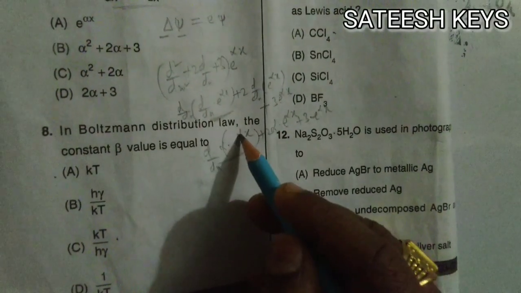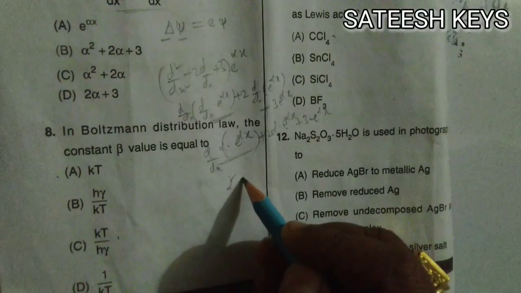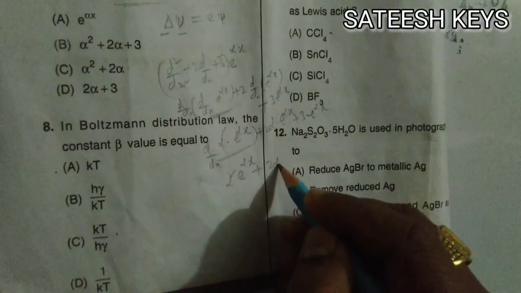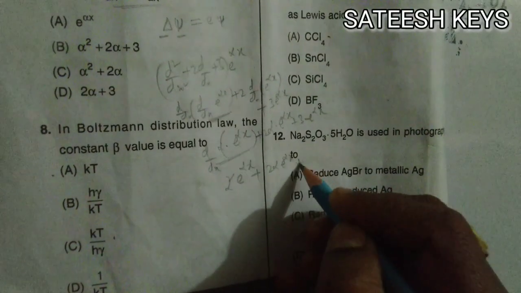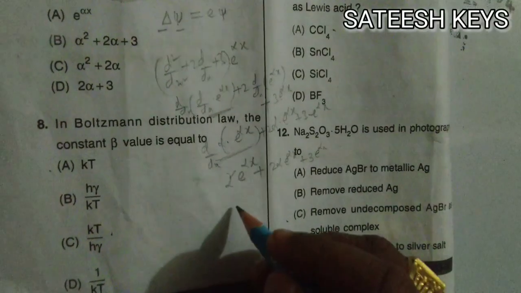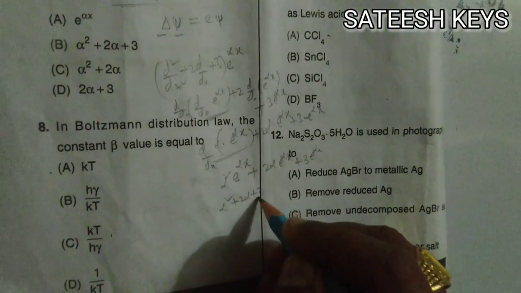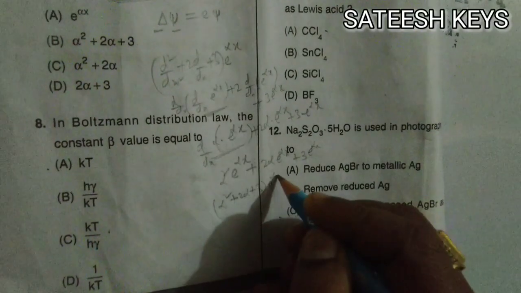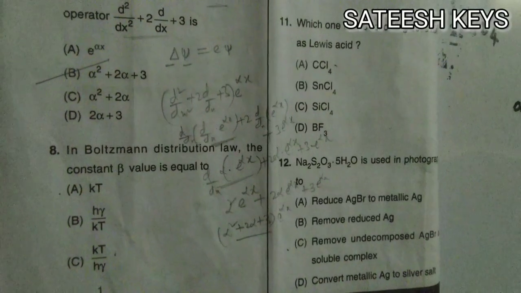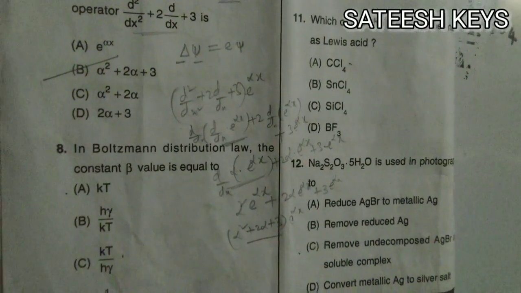Again differentiating, alpha square e power alpha x plus 2 alpha e power alpha x plus 3 e power alpha x. Taking common, alpha square plus 2 alpha plus 3 into e power alpha x. So the right answer is alpha square plus 2 alpha plus 3.